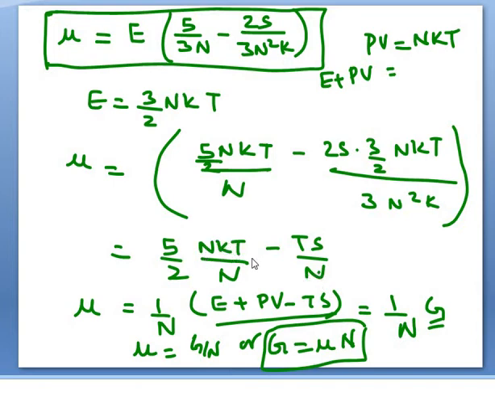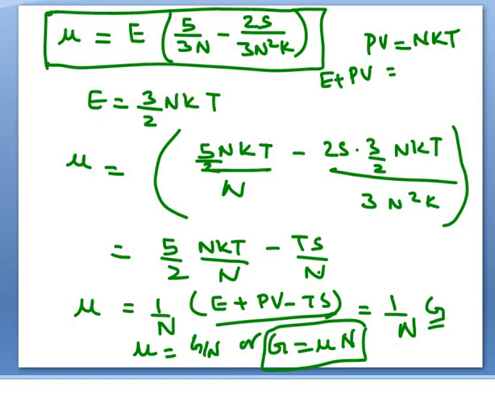What is 5 by 2 nkT? PV is equal to nkT, E plus PV is equal to 5 by 2 nkT. So 1 by n, E plus PV minus TS. And what is this? This is the Gibbs potential. Gibbs potential G is equal to E plus PV minus TS. So this whole thing can be written as G. So mu is equal to G by n, G is equal to mu N. This is again one of the standard definitions which we know already. So from this we are able to derive it.